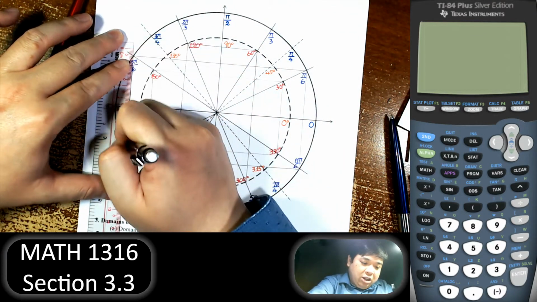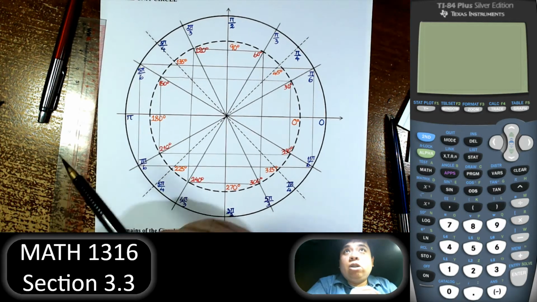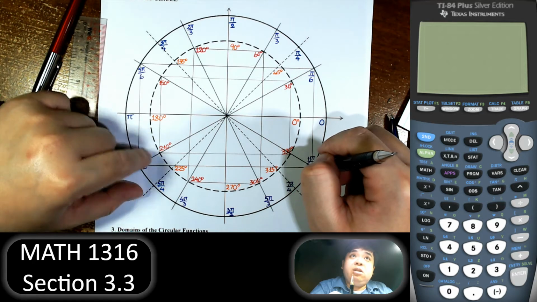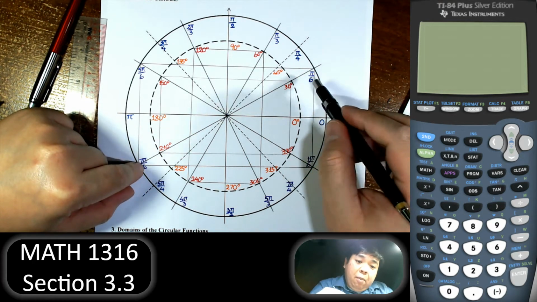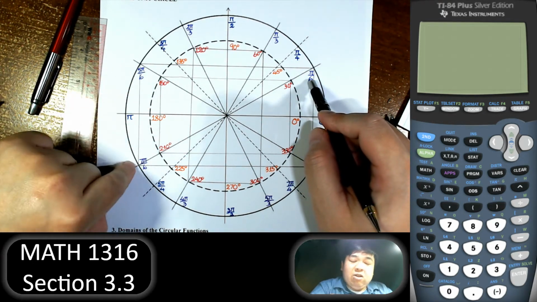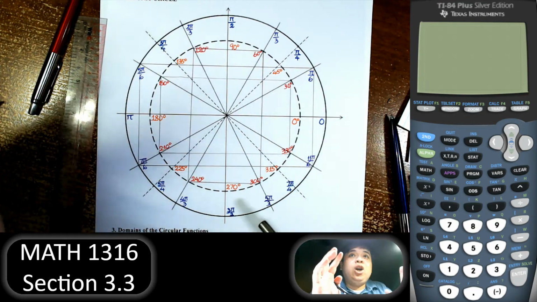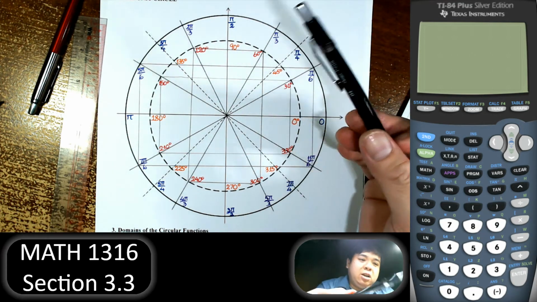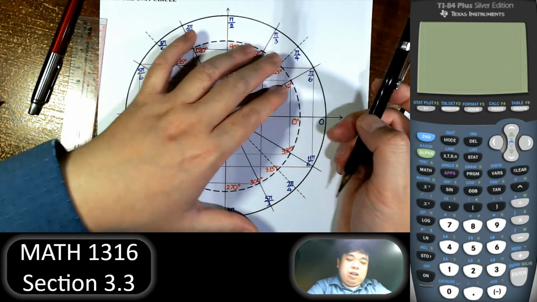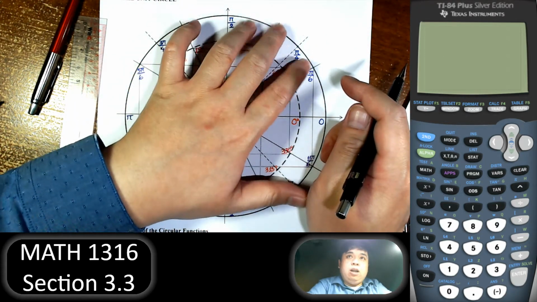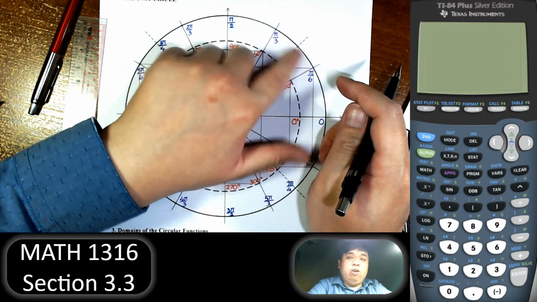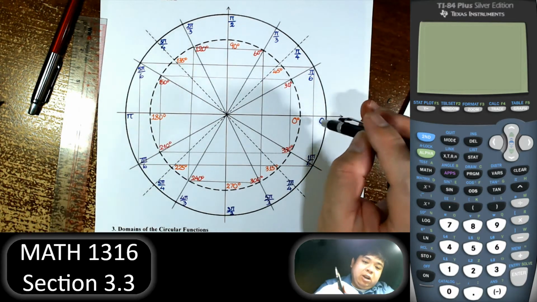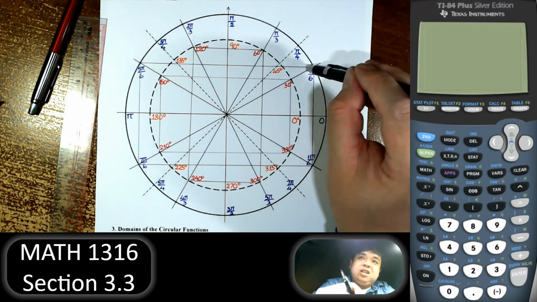If we draw a rectangle in here, all of those at the vertices of the rectangle, pi over 6, 5 pi over 6, 7 pi over 6, 11 pi over 6, all of those will have the same reference angle of pi over 6. So pretty much we just draw rectangles, and whatever the point is on the first quadrant will give us the reference angle. So the reference angle of all of those 4 will be just that.